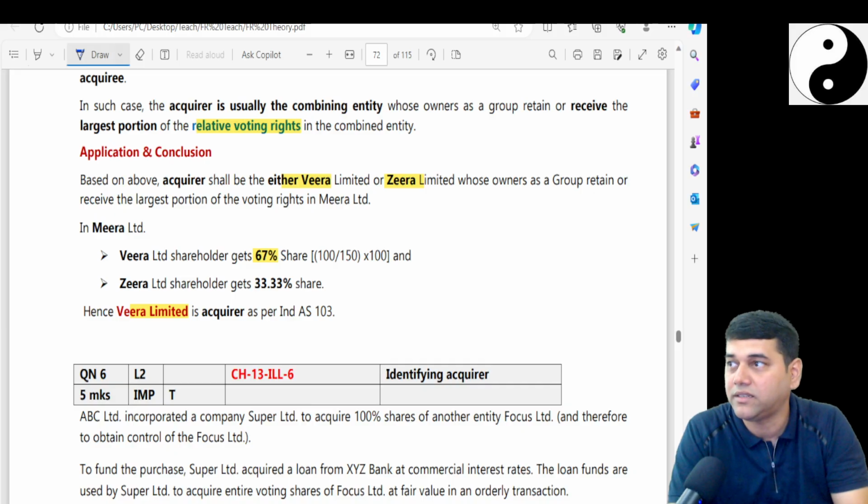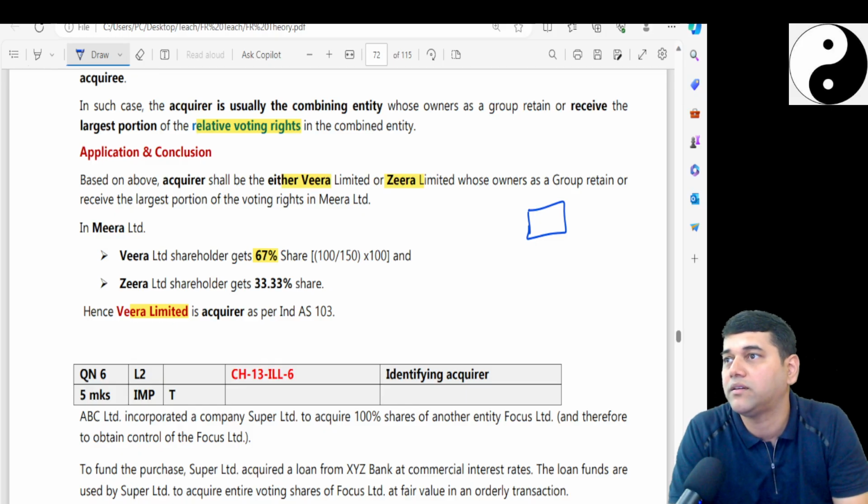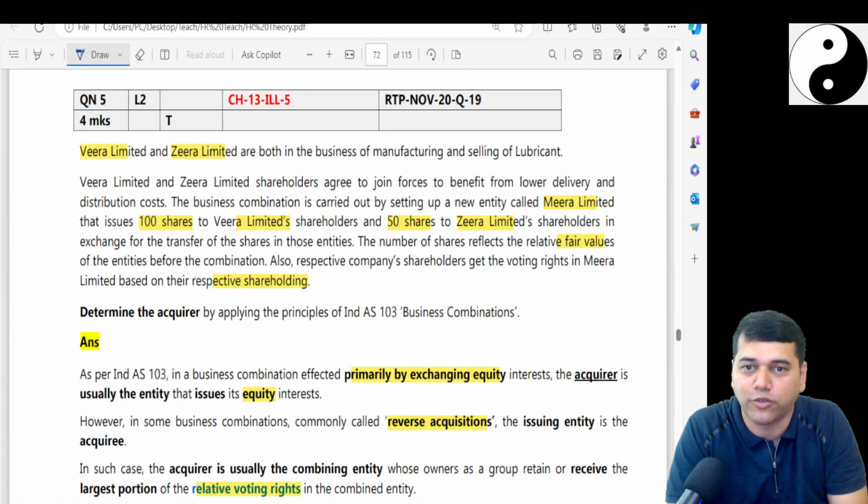We will see that later. Because otherwise, who is the acquirer? You will tell me Mira is the acquirer, no? You didn't understand the question. See, this is Veera. This is Zira. Both of them decided to merge and call themselves Mira.